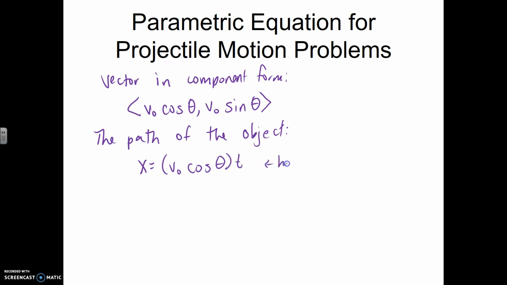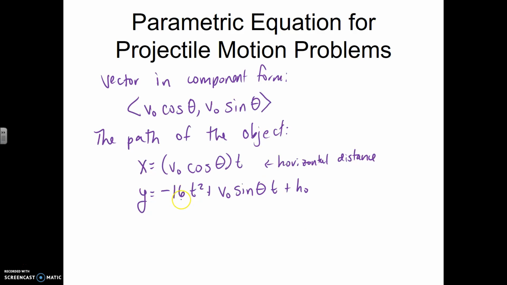So this one will always give us the horizontal distance because x is horizontal. And then y is our good old-fashioned parametric equation: negative 16t squared plus v sub 0 sine theta times t plus the initial height.